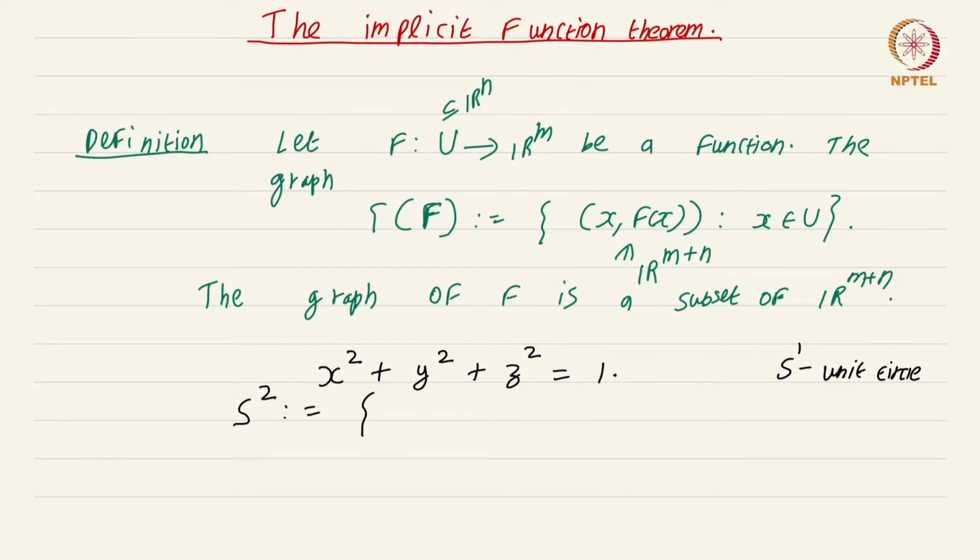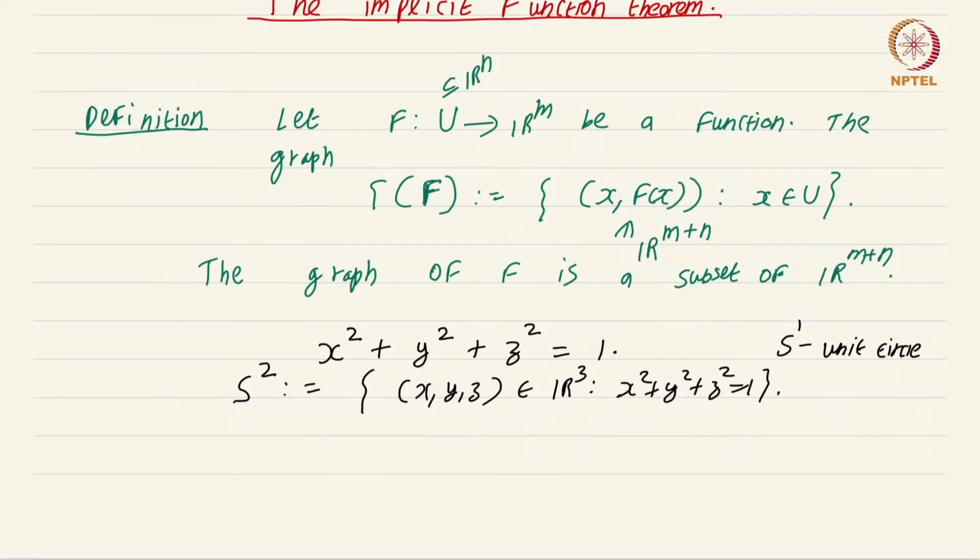So S^2 is defined to be the set of all points (x, y, z) in R^3 such that x squared plus y squared plus z squared equals 1. Pictorially this object is nothing but the unit sphere, which looks like this. Of course what I am about to draw is badly drawn, but you get the idea.